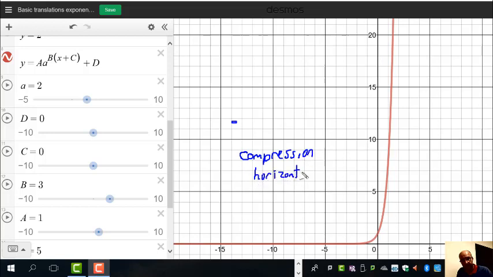It's a dilation. It's a type of dilation which changes the shape. Shape change.